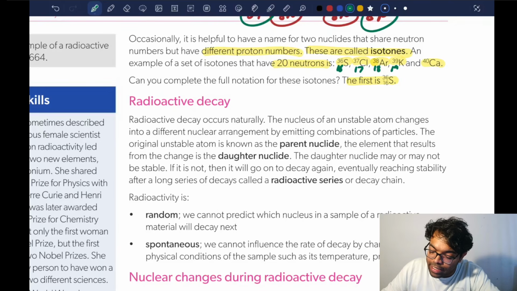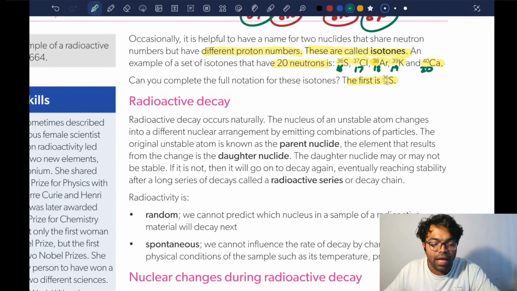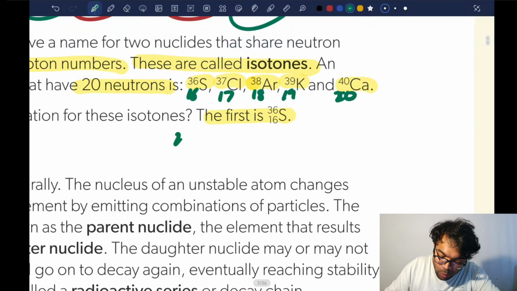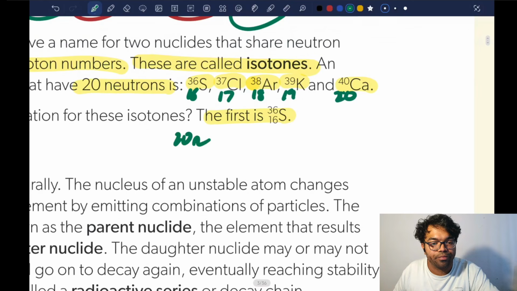Potassium is number 19 and calcium is number 20. So all of them have 20 neutrons each. 17 is the atomic number of chlorine. That is not going to change. The number of protons will not be different for chlorine. Argon is 18, potassium is 19, and calcium is 20.